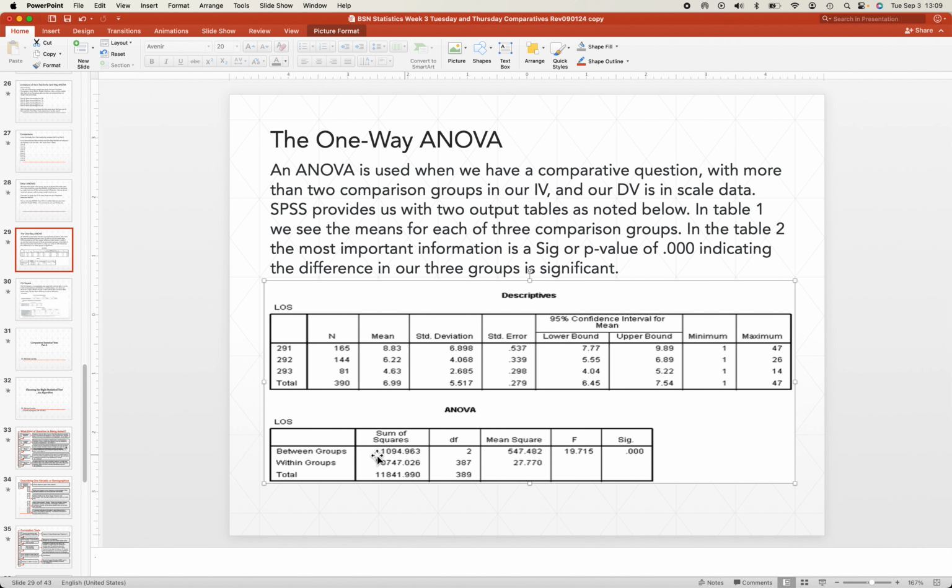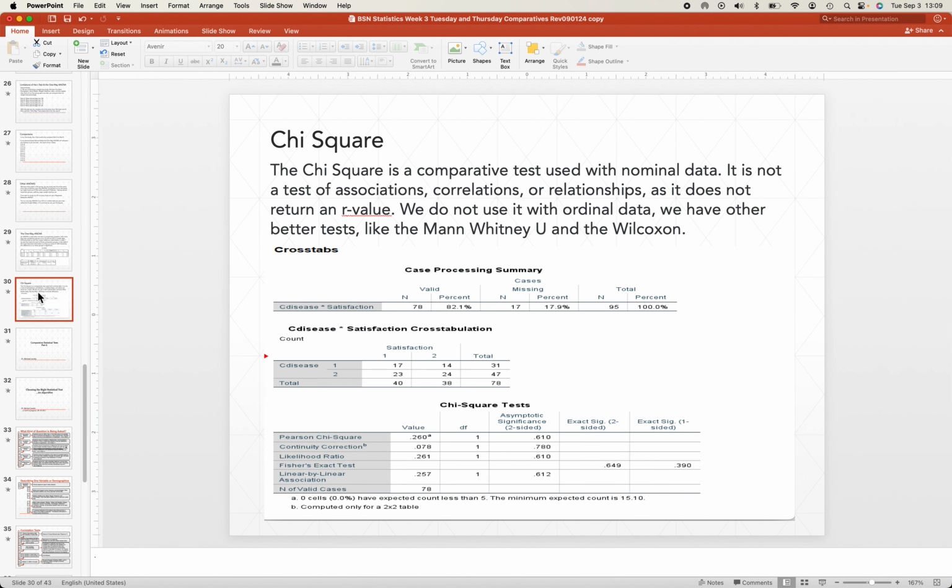SPSS calculated this with a degrees of freedom of 2 and an F statistic of 19.715, and we had a significance of p equals 0.00, which means there is a significant difference in the length of stay for these three diagnostic groups. And we can see that. It does look like one group was close to 9 days and another group was close to 5 days length of stay on average. So that's the kind of output we get with our one-way ANOVA.